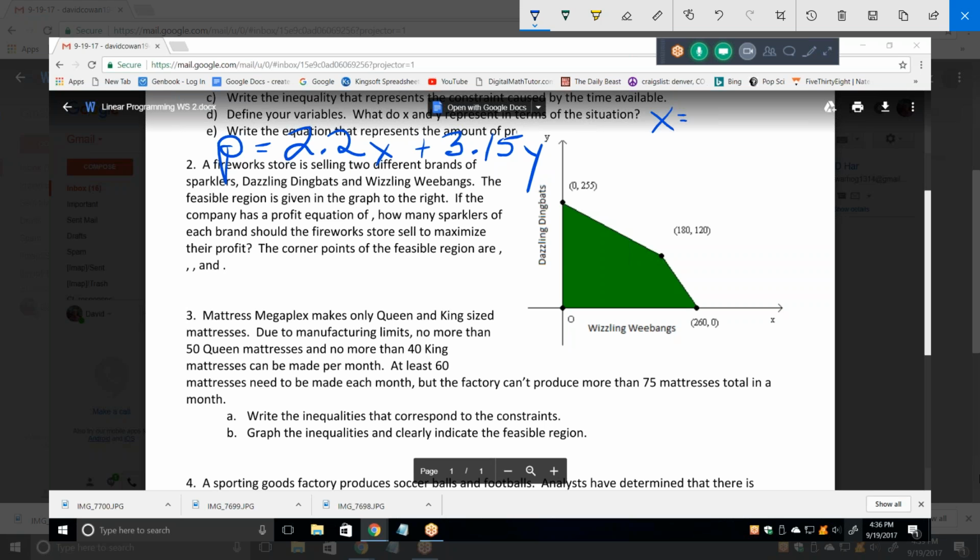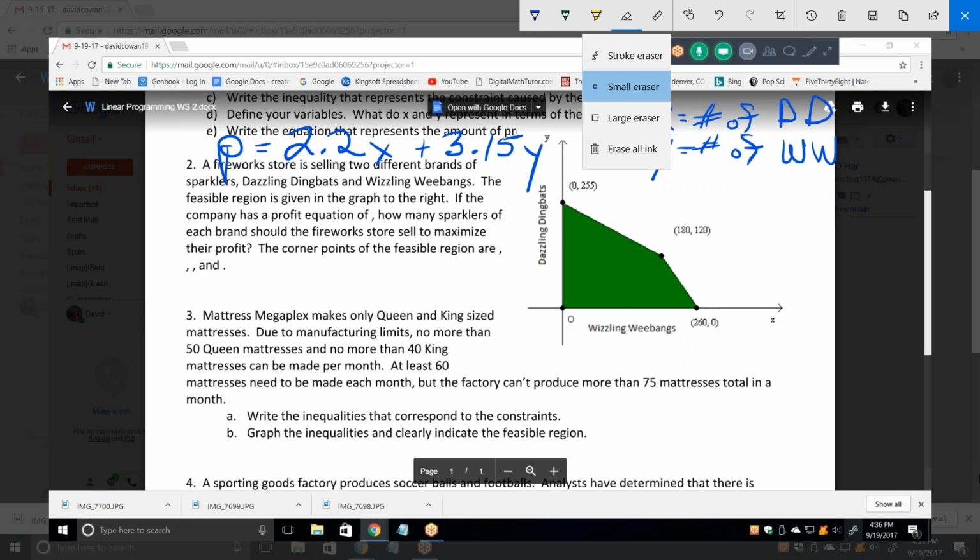Now, in this case, I'm going to take a guess and say X is going to be the number of DD type sparklers that you sell. Y is going to be the number of WW sparklers that you sell. That's the way they've labeled it. The x-axis is WW. Oh, I got it backwards, don't I? I didn't look at the graph. I should have.